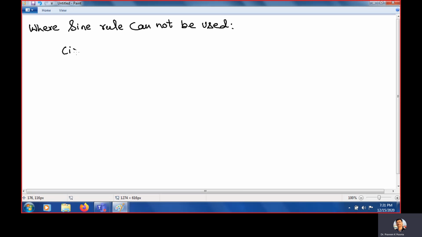So there are two conditions when sine rule cannot be used. What is the first? Two sides and the angle between them.